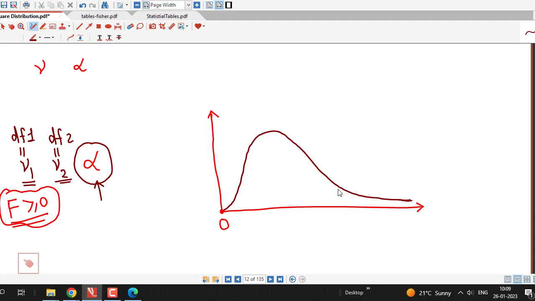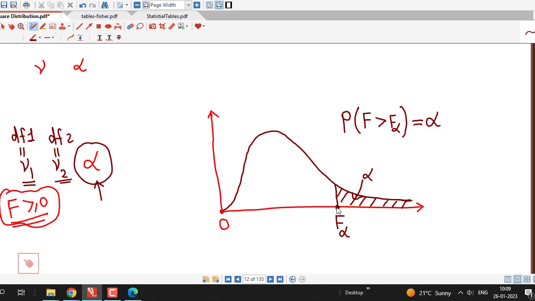Now suppose we are interested in calculating the critical value of F such that the area to the right of that F value is alpha. Then this critical value of F is denoted by F suffix alpha. Or we can say that if we are interested in the probability that F takes values bigger than this F alpha, then this probability is alpha.